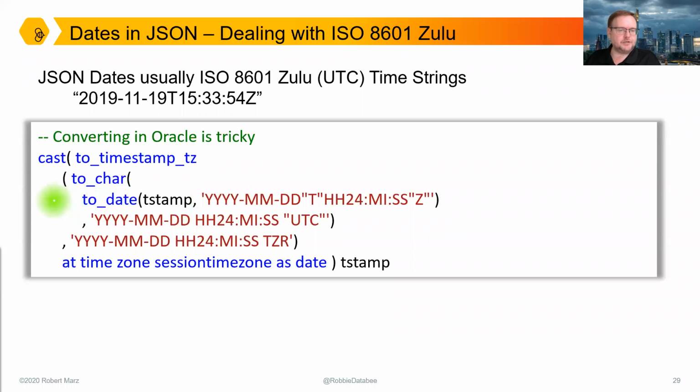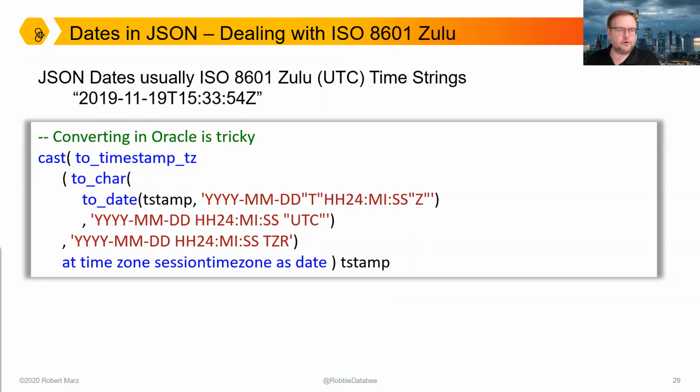Then I'm converting it back to a string with the time zone code that Oracle can use, and then I can use the to timestamp with time zone function to convert it to an Oracle timestamp with the correct time zone.